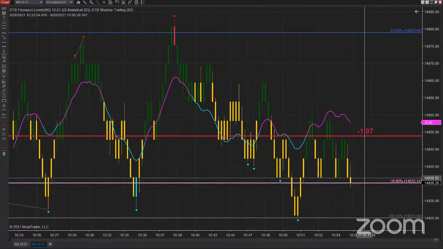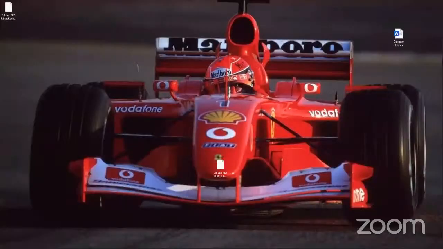Why is my computer freaking internet bullshit? What's happened here? I've just had a little bit of a lag. I don't know what from. I've got internet, so I don't know what that is. Let's see.